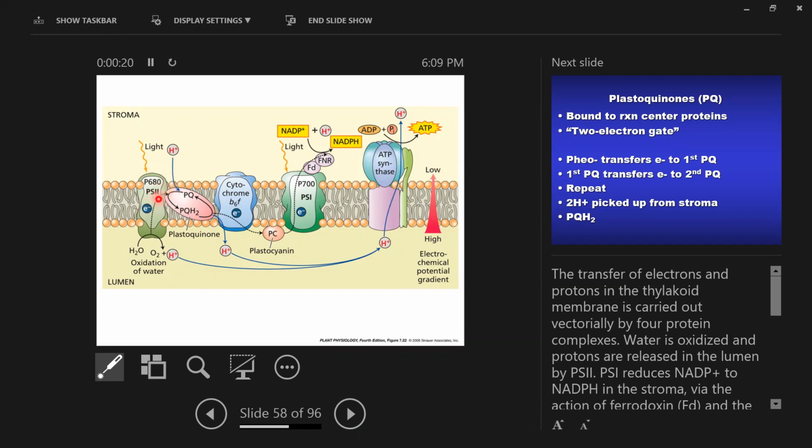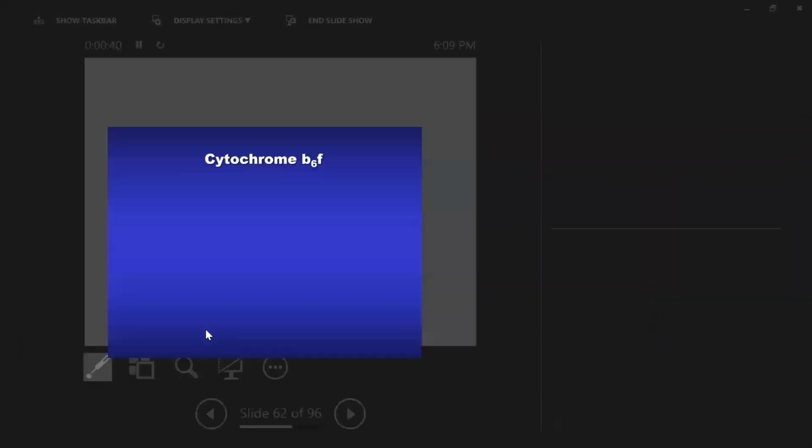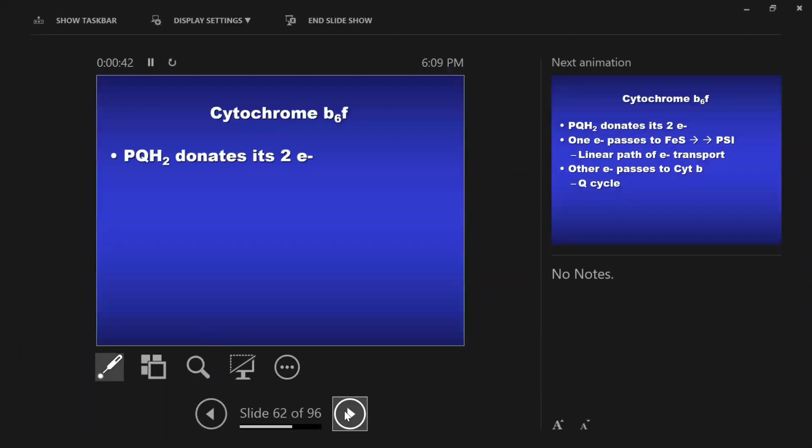Once it grabs its 2 electrons and 2 protons, it's going to release and move laterally through the membrane until it can bump into cytochrome B6F. Then, once that happens, it's going to donate its 2 electrons, but they go in 2 different pathways.